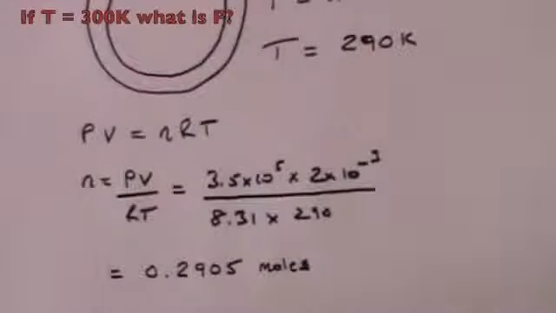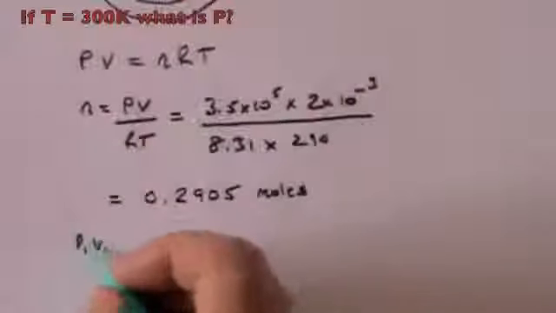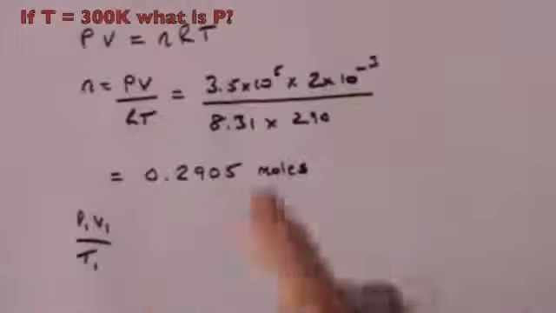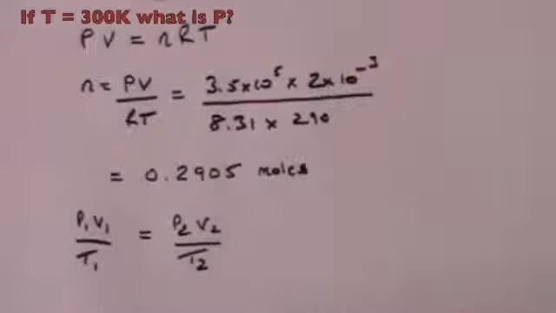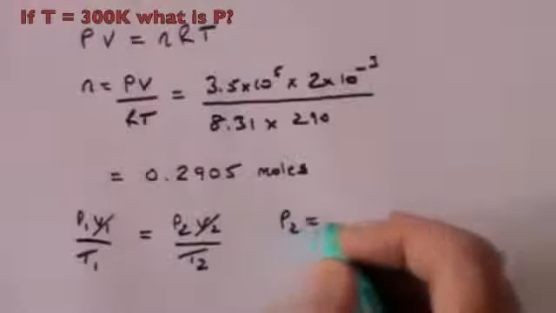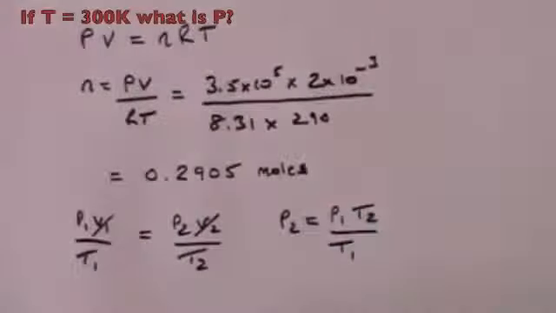Part 2 of the question, if the temperature is increased to 300 K, what will the pressure be? Well, we can use the formula that P1 V1 over T1 is equal to P2 V2 over T2, but because it's a bicycle tyre, the volume is not going to change, so we can regard the volumes as being the same, V1 equals V2, so they cancel out. And now we get that P2, which we don't know, is equal to P1 T2 divided by T1.